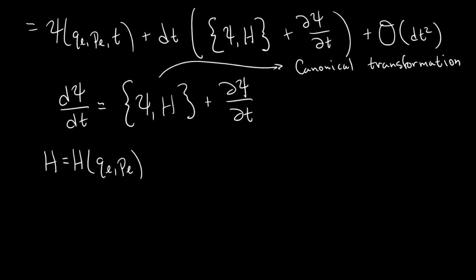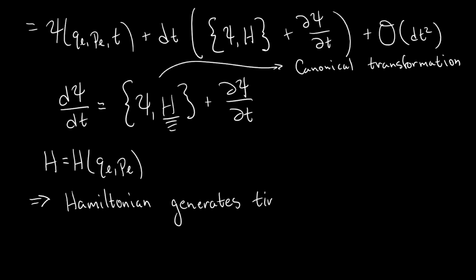But we see that the generator in this case is the Hamiltonian. And so what we typically say is that the Hamiltonian generates time evolution or time translation.